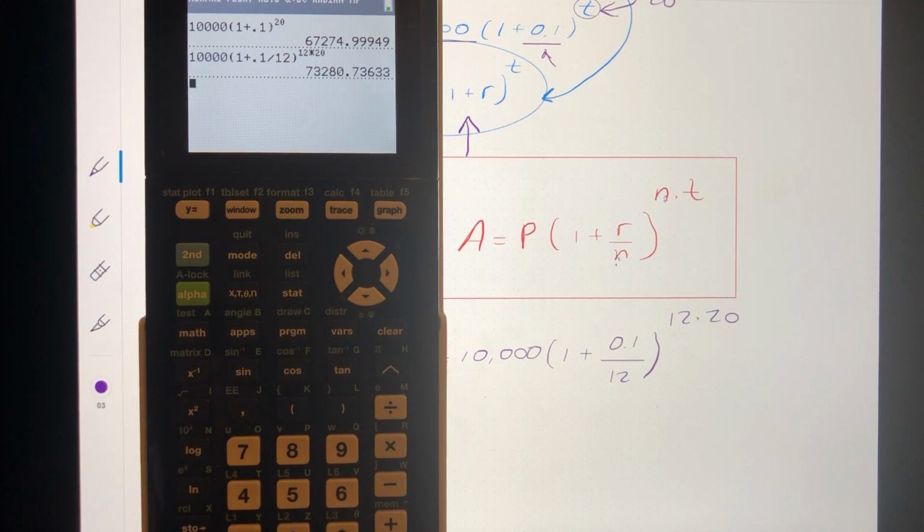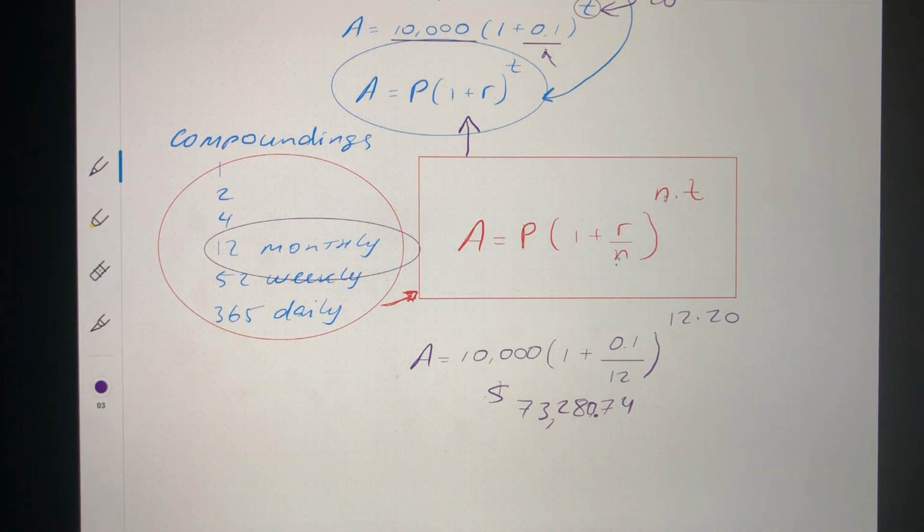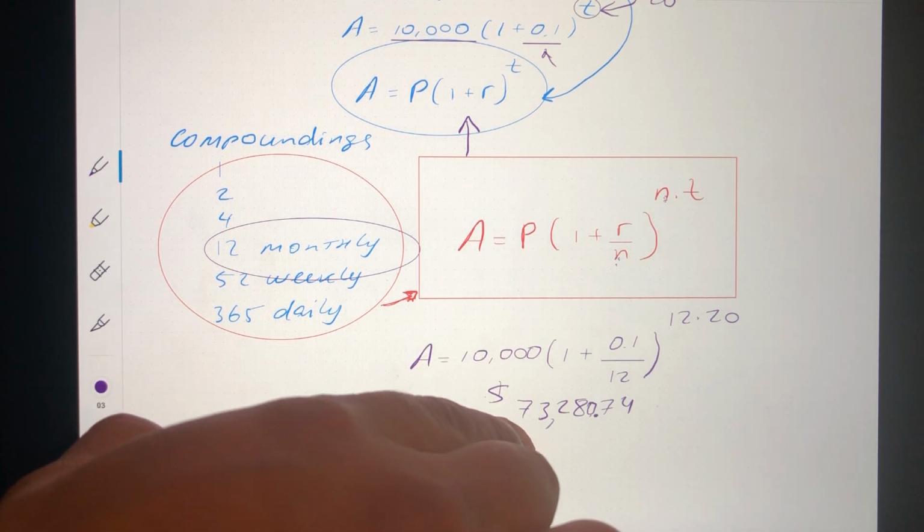And the answer is $73,280.74. So this is our final answer to how much money we would get if we use the same interest as before.